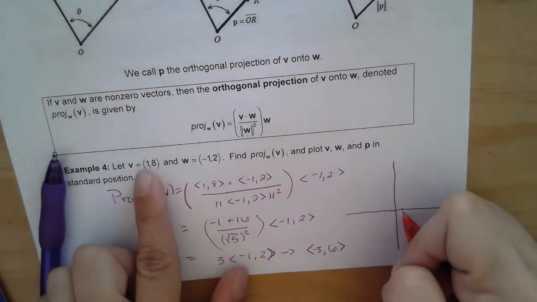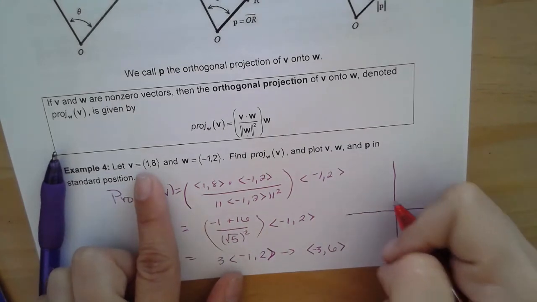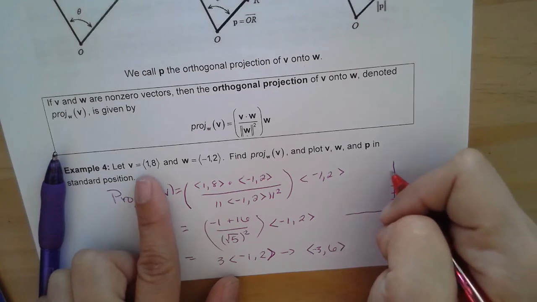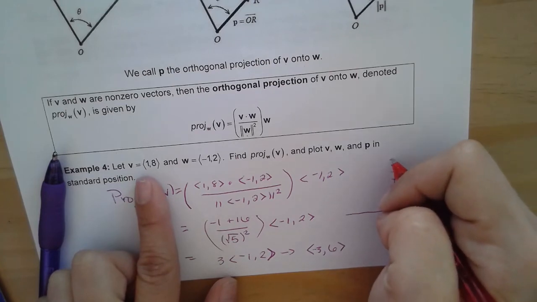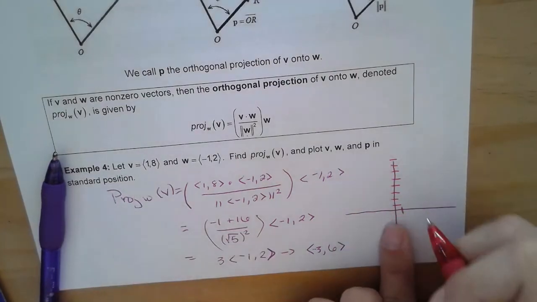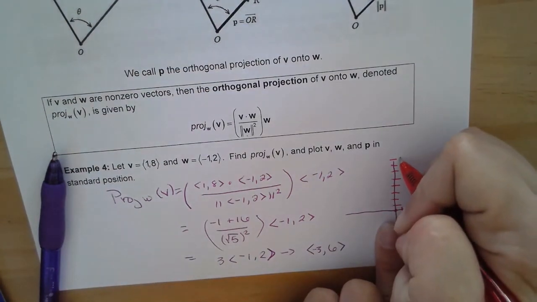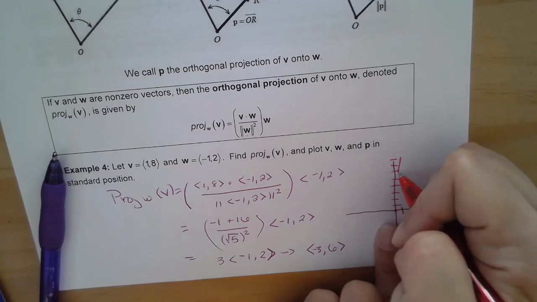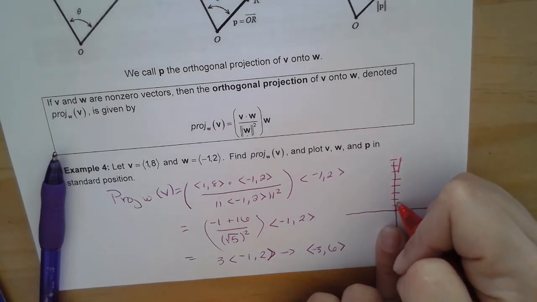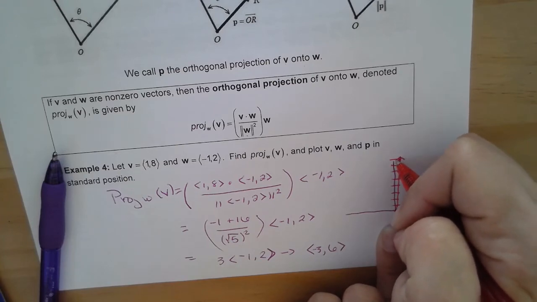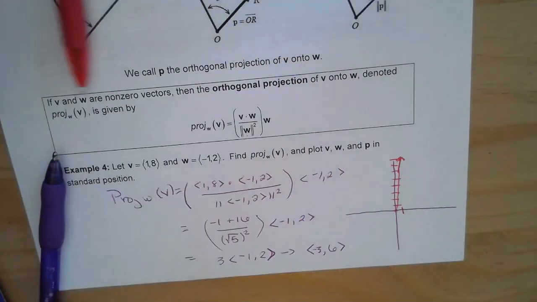So 1, 2, 3, 4, 5, 6, 7, 8. Now, all of these start at 0, 0. We're going to start with the initial point being 0, 0. And of course, without a ruler, it's not going to be the straightest of lines, guys. Sorry for that. So we get v.